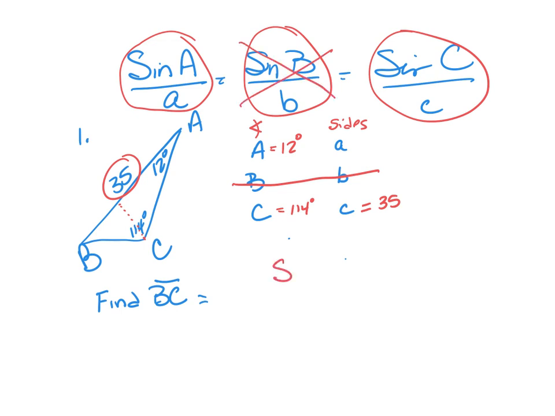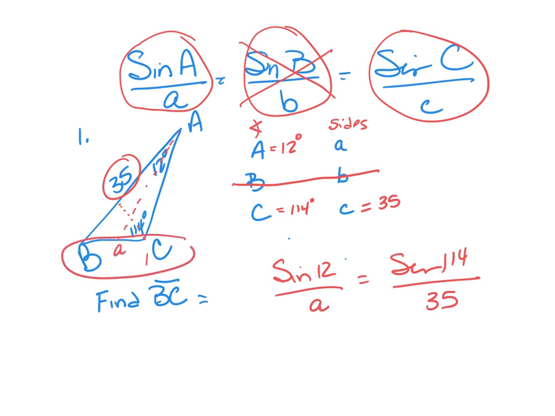So I have sine of 12 over little a equals sine of 114, which is big C, over 35. Now little a is across from big A, so little a would be right here. They're asking us to find BC. BC is the same as little a. So once I found little a, I found my answer.